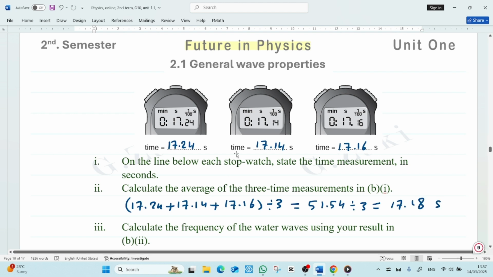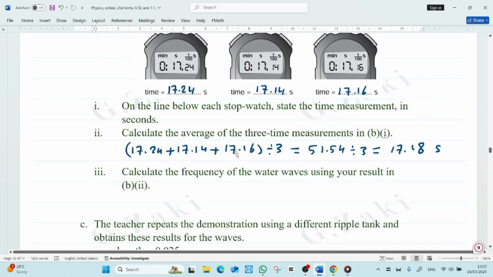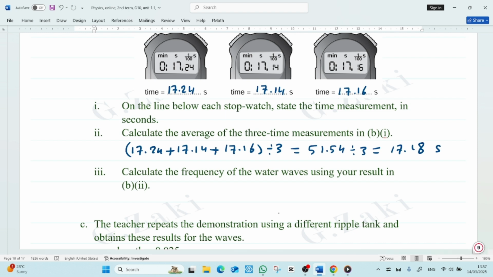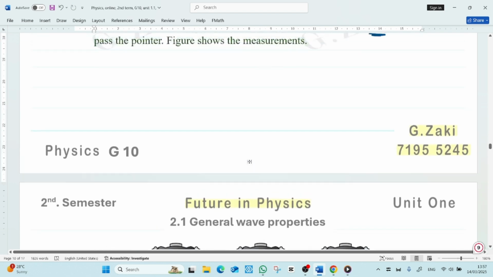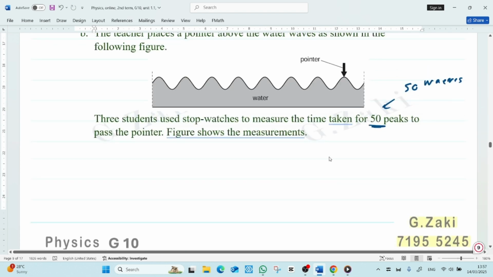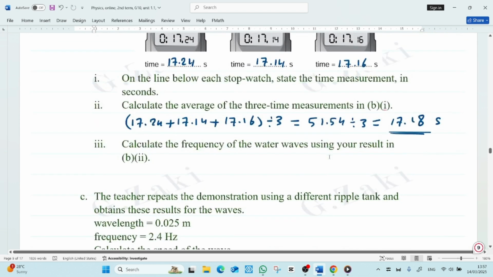Calculate the frequency. Now, to calculate the frequency, here we have the time, but this is the time of what? This is the time of 50 waves. We said that. The time taken for 50 beats. Then this is the average time of 50 waves.